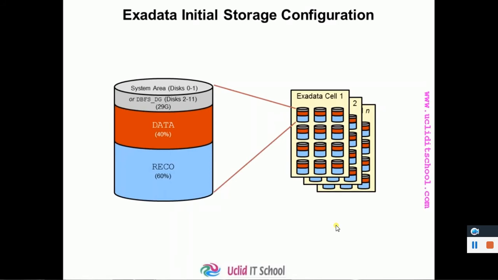We'll see this in the next topic, 40/60 or 80/20 and all that. For now, all you need to understand is that on the real Exadata box, on every hard disk Oracle creates one cell disk, and on every cell disk there are three grid disks created.